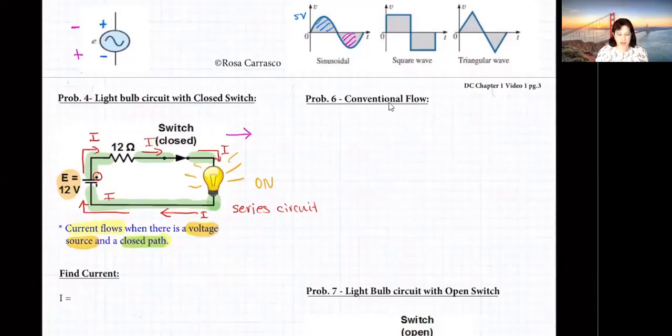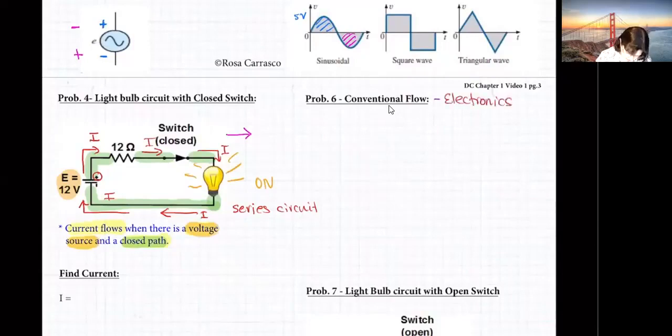This is called the conventional flow. There are two types of flows, electron flow and conventional flow. In electronics, we do conventional flow.